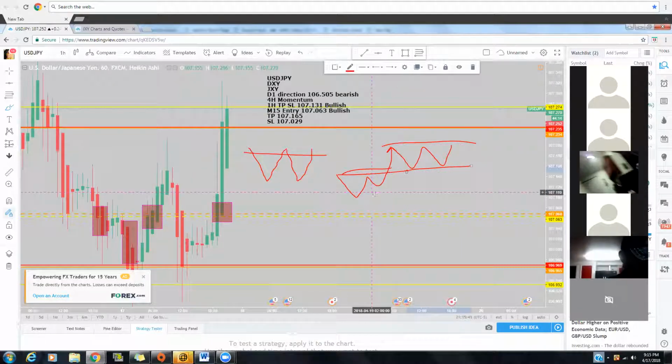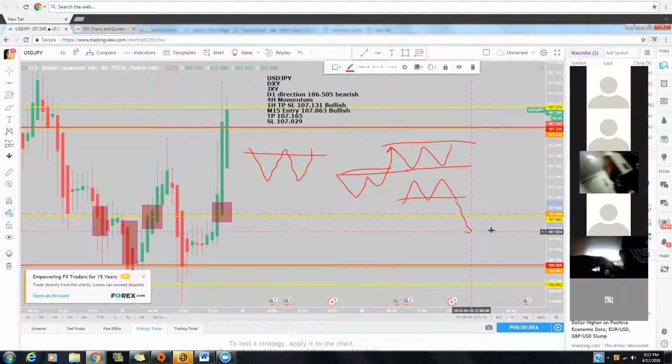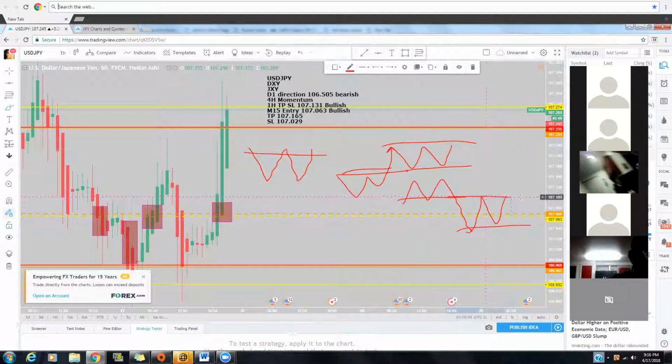And then the same scenario with the W is the same with the M. As you can see, you have your fluctuation of price right here. It respected the support, came back up, probably touched the resistance, came back down, and then you'll see it possibly break through to the downside. And then at that point, you're going to establish a new support and a new resistance.